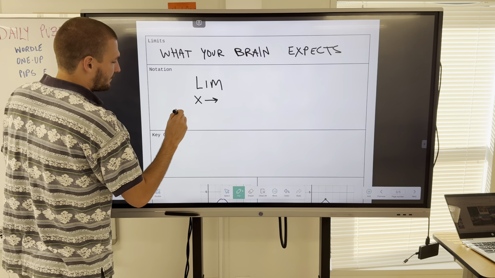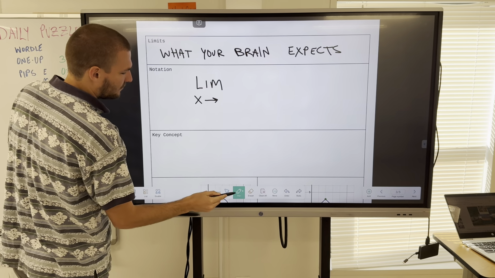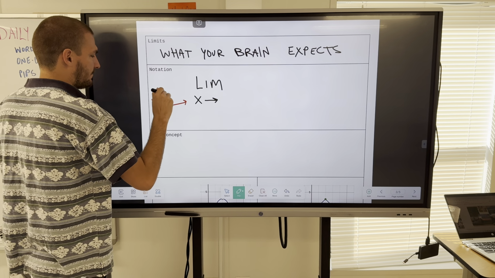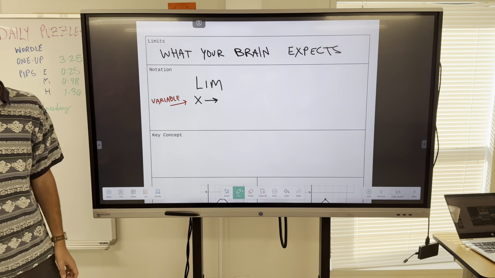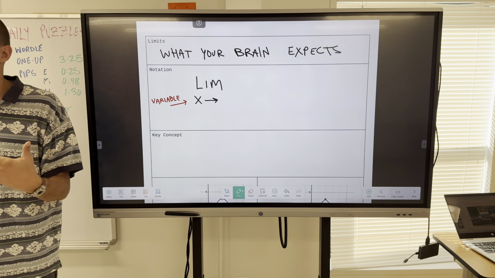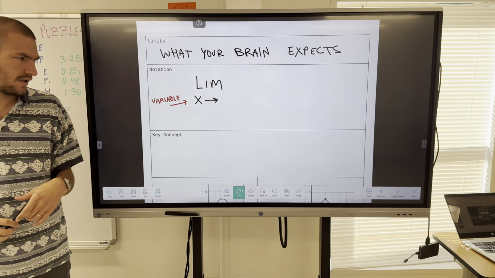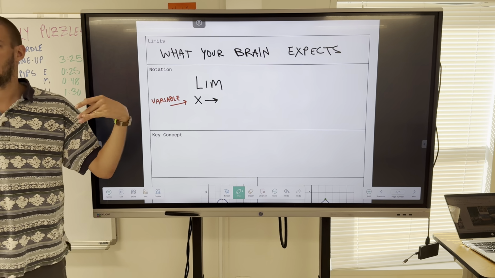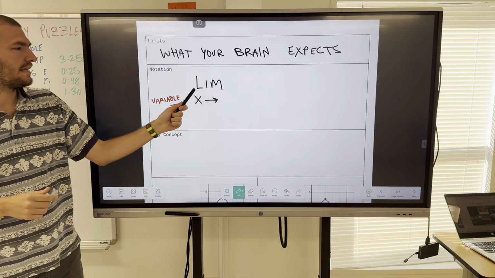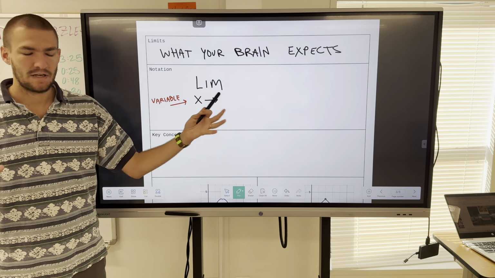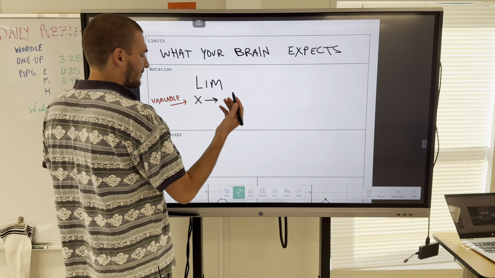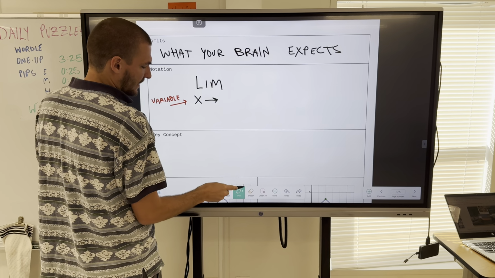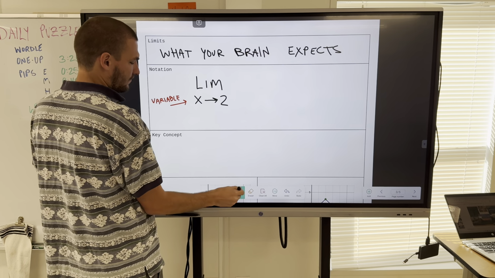Then here, we'll have an X. Let me use a different color. This is obviously a variable. It's pretty much an X every time, right? I mean, you do questions sometimes that have different letters like H or V or something, but it's pretty much an X every time. So the limit as X approaches, and let's use the same question from the page before. You'll get a number here, like 2.